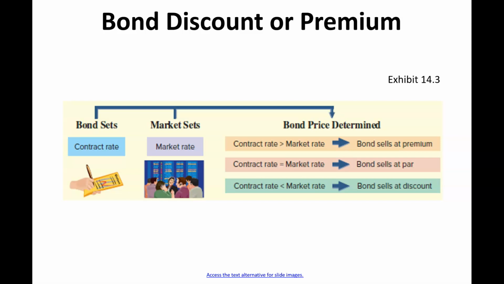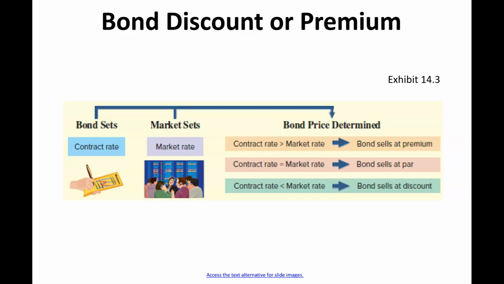So when the market rate is higher than the bond rate, it is harder to get people to invest in bonds. So what they do is they will have to sell their bond at a discount to attract investors.